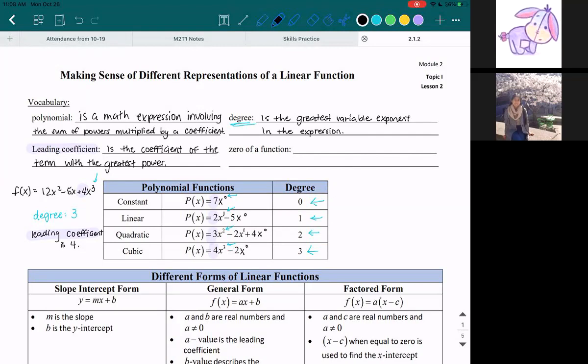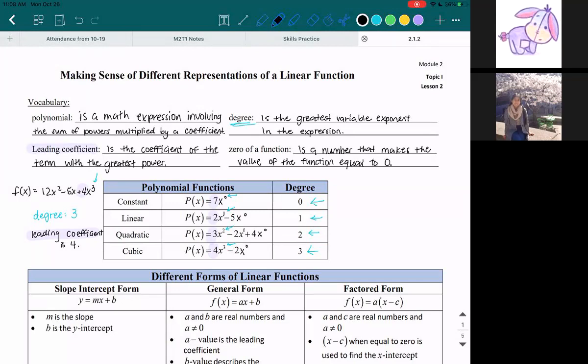Let's move on to zero of a function. The zero of a function is a number that makes the value of the function equal to 0.